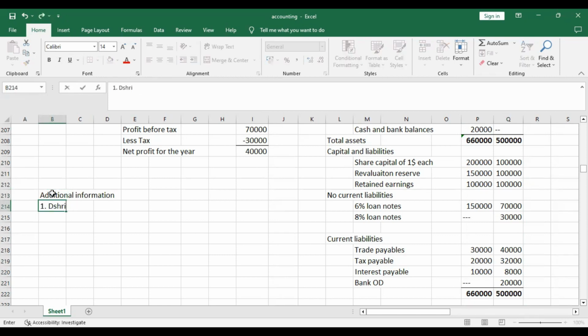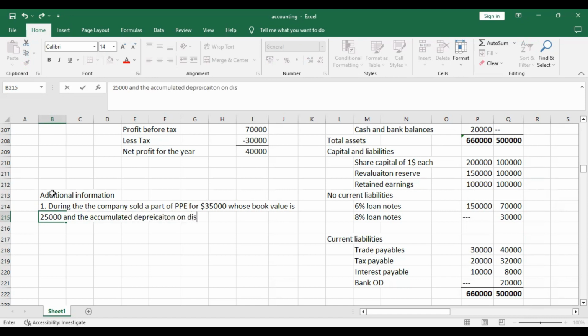Number one, during the year the company sold a part of PPE, property plant equipment, for 35,000, whose book value is 25,000, and the accumulated depreciation on the disposed asset is 15,000. That is point number one.